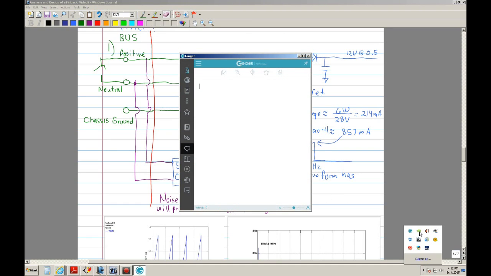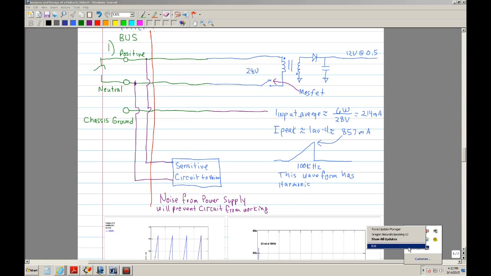Hang on. These two usually slow it down. Okay, let's try that again. See how it works.